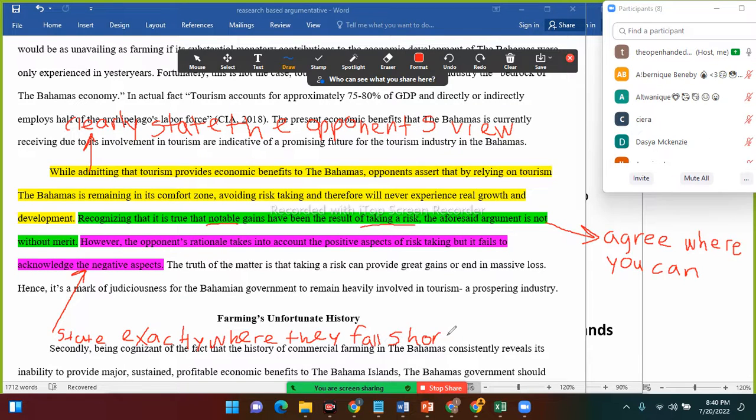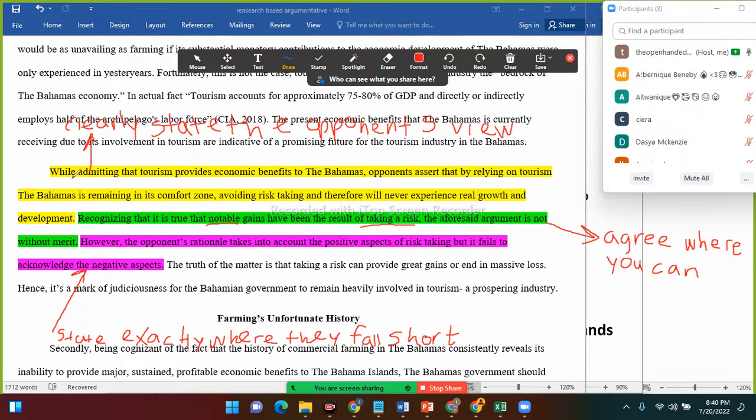So that's important. To be honest, when I wrote this sentence, I really wrote it so that I could state this rebuttal. Don't think that I just put this sentence and didn't think about my rebuttal. While I was writing the sentence, I crafted it in a way such that I could say, hey, you didn't talk about the negative aspects.